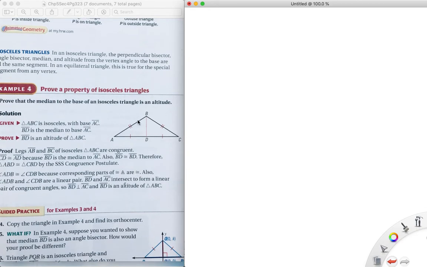You can also use that logic to say that if these two angles are the same, then this is the angle bisector. I can also say that they're perpendicular and add on to the fact that they're angle bisectors as well.